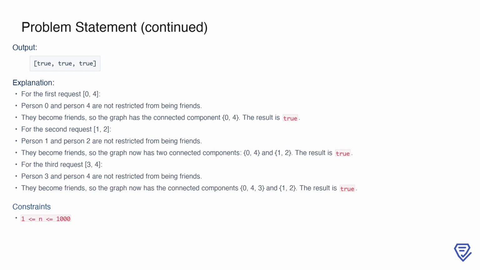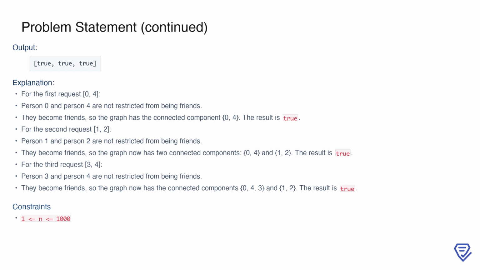In example 3, we have n equals 5, restrictions equals [0, 1], [2, 3], and requests [0, 4], [1, 2], [3, 4]. The output is true, true, true. For the first request, 0, 4, there is no restriction, so person 0 and person 4 become friends, forming the component 0, 4. The result is true.